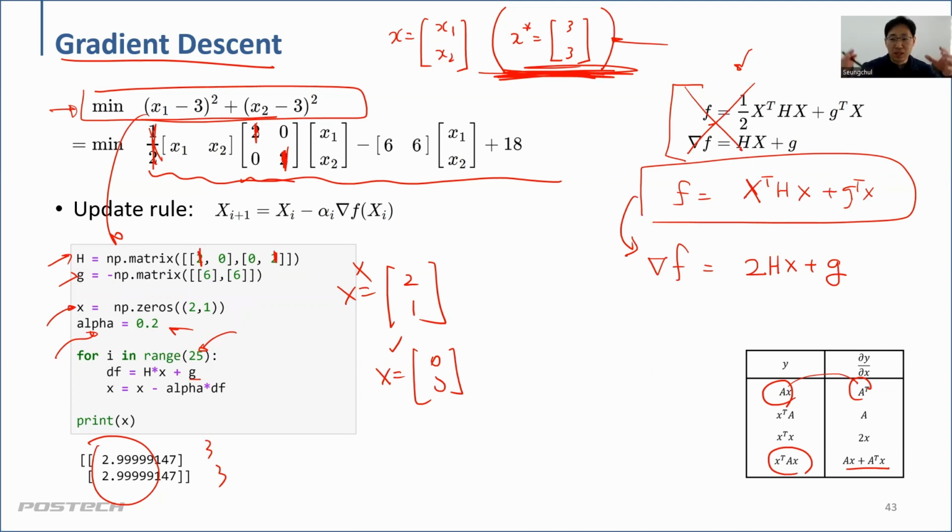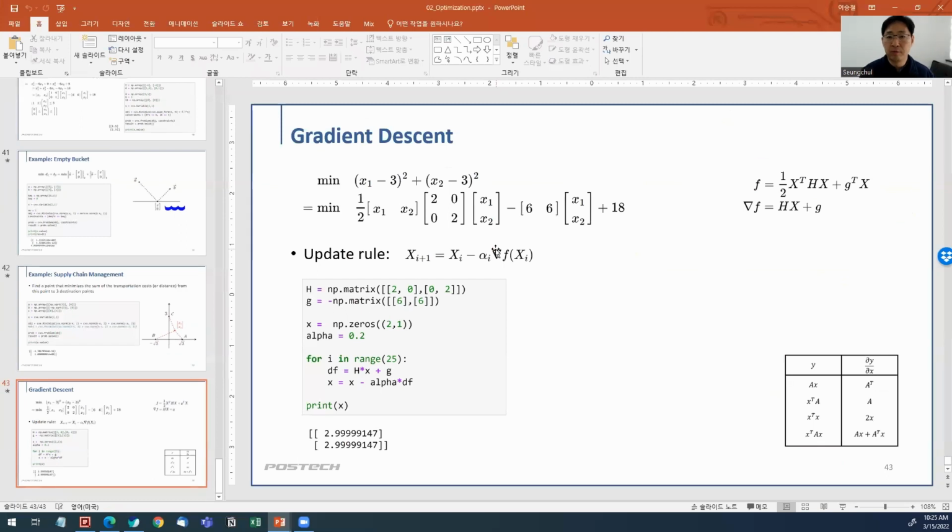This is the easiest problem, so you won't see any big difference, but at least I want you to try different values to see if we get different or similar results. All right, so that's the end of the optimization contents that I have.